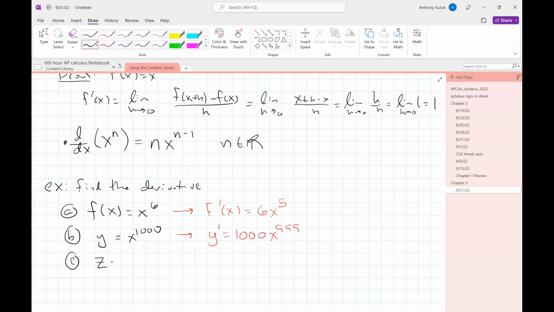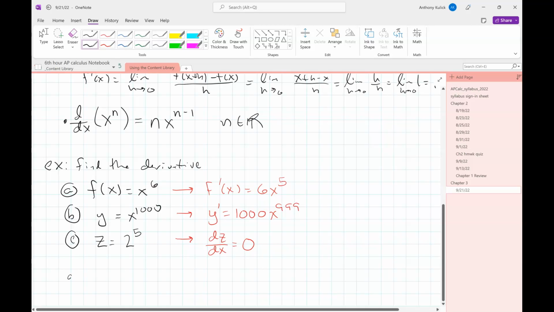Let's say we have z equals 2 to the fifth. Who almost started trying to do the power rule to that? There's no variable. That's a constant. Oh, Mr. Kulik, you're so sneaky.